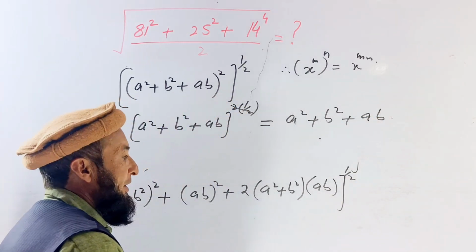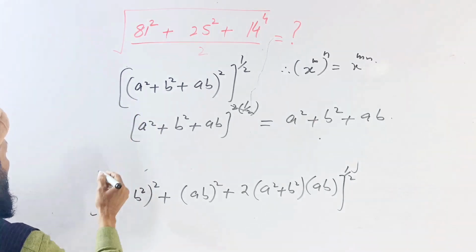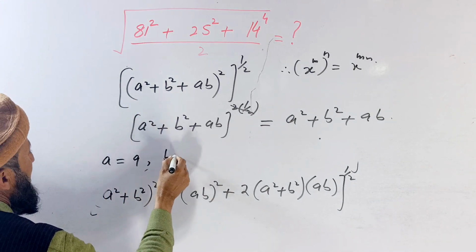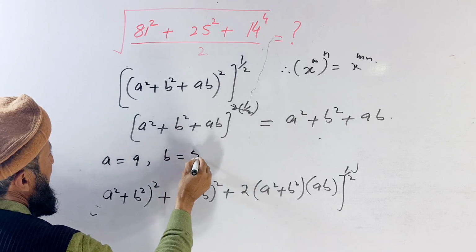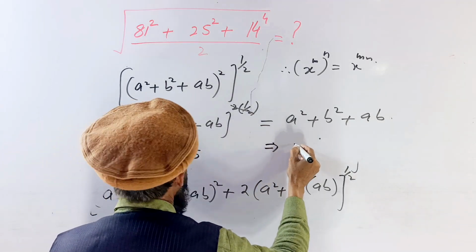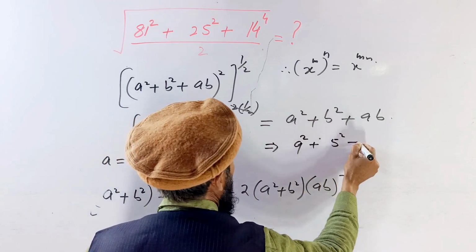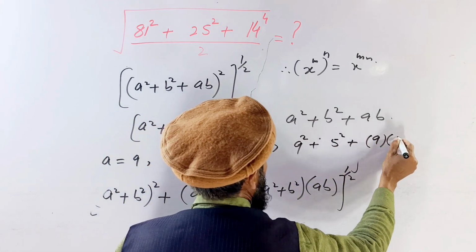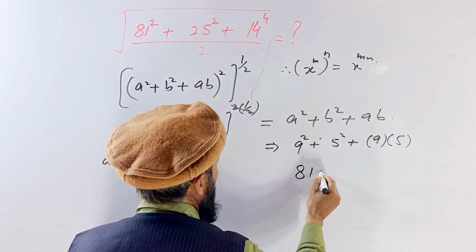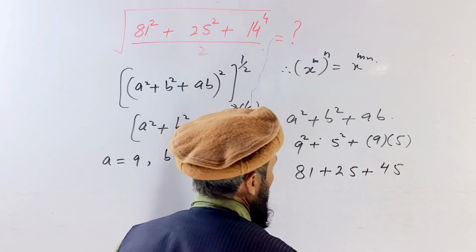But we have already taken the supposition in the second step: a is equal to 9 and b is equal to 5. We substitute here 9 square plus 5 square plus 9 times 5. Now we get 81 plus 25 plus 45.